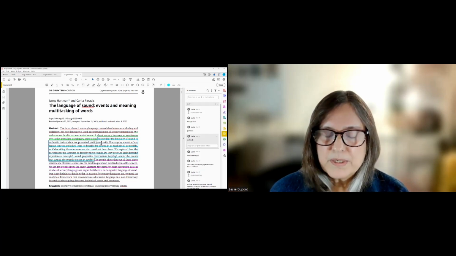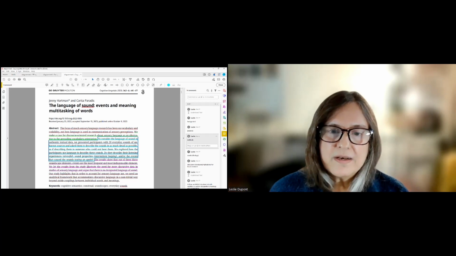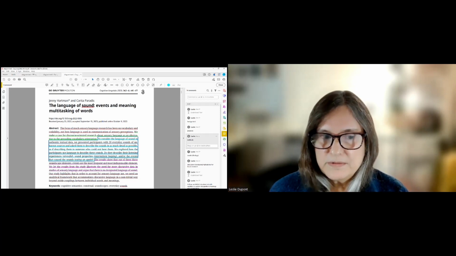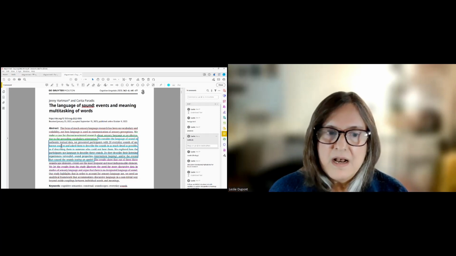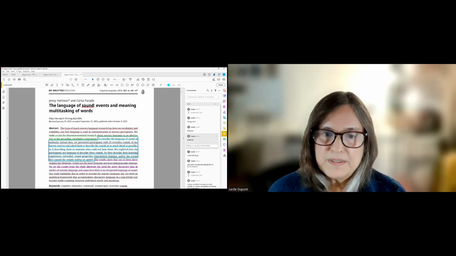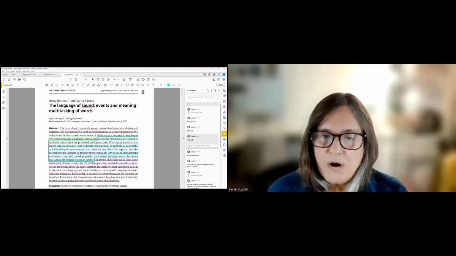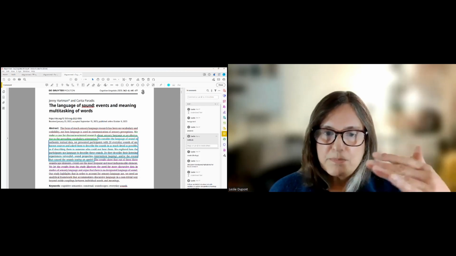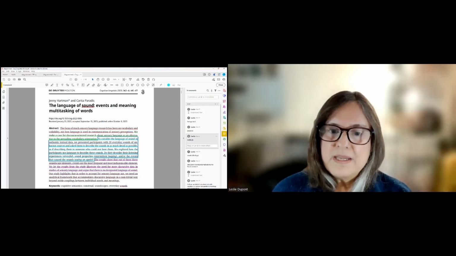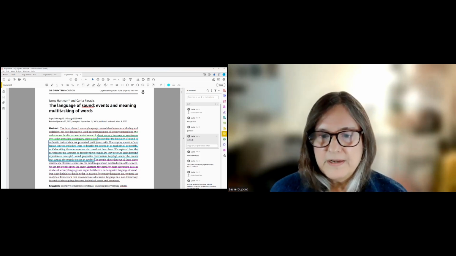So we've got the word participants, we've got what they were presented with, everyday sounds, what they were asked to do, how this material was explored with the participant, or how the participants used language to describe these sounds, and so forth. This is all about a methodology, steps they took, the process they took to gather the information they wanted.